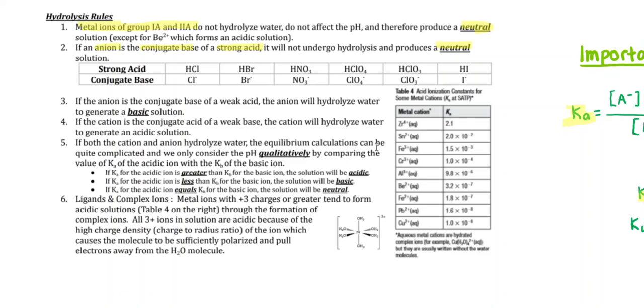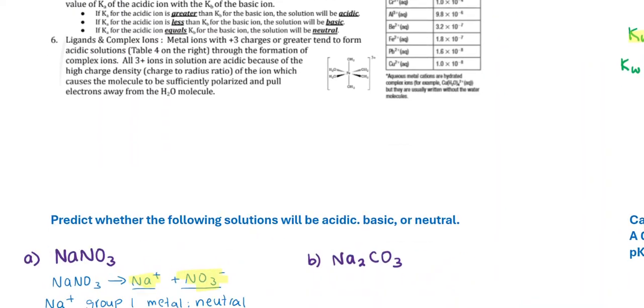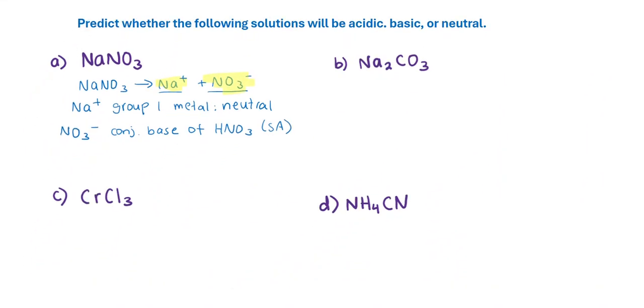It produces a neutral solution. So then this too is going to be neutral. Now if we have two neutral solutions, that means our pH is going to equal 7. So this is neutral. Now let's move on to example B.